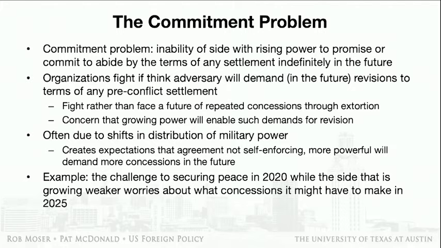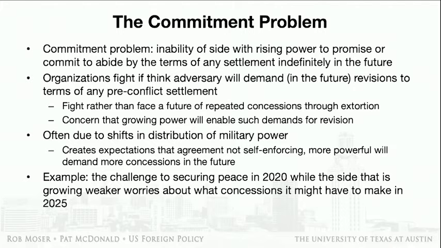So let me say this again. Commitment problems and the wars that follow from them stem from shifts in the distribution of power between contending sides in a dispute. Why? This growth in power encourages the rising side to demand, in the future, revisions to any political settlement made in the present.